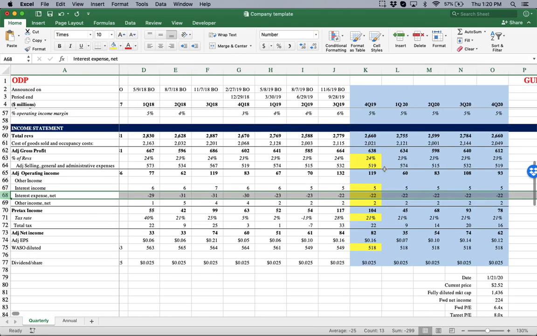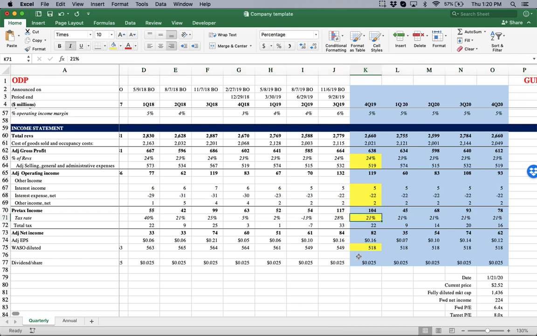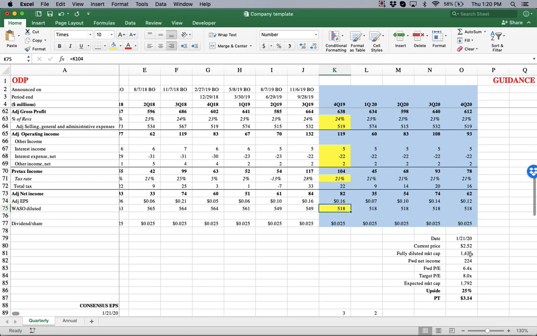So you have these assumptions, 21% tax rate, the number of shares outstanding, 518. And so based off of this, what you can do is calculate the forward PE. And the forward PE, you can calculate two ways.